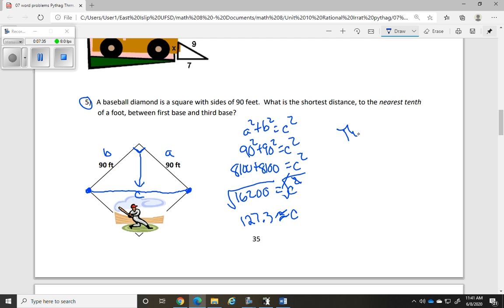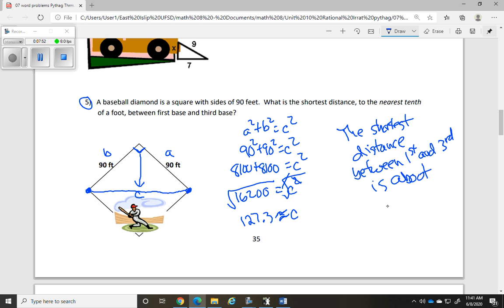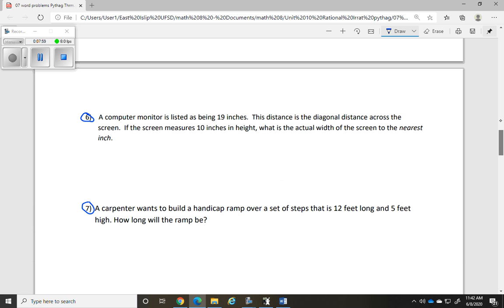The shortest distance between first and third is about 127.3 feet.